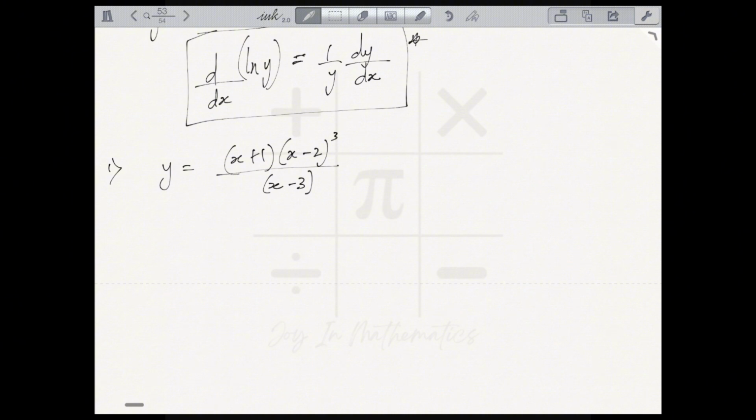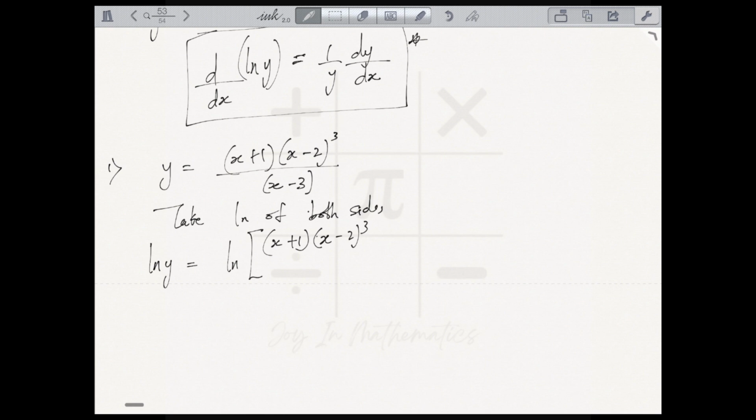Now, the first step to do is to take natural logarithm of both sides. So we have ln y is equal to natural logarithm of (x plus 1)(x minus 2) cubed divided by (x minus 3).